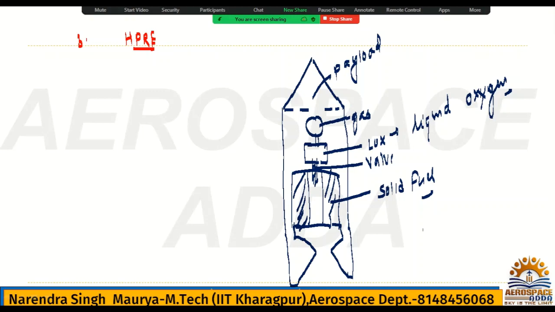but if you combine the advantages of SPRE and the advantages of LPRE, finally you will get better performance of the rocket system. So hope you understood these ideas. You have already gone through the advantages and disadvantages in detail in your coursework.